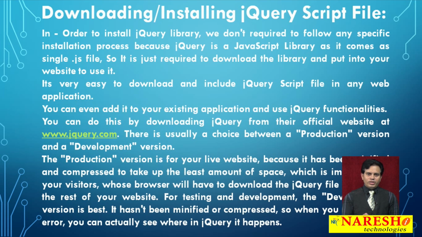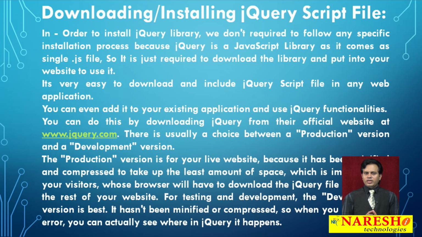You should know one point. In the previous video session we discussed that jQuery is just a JavaScript library which comes in the form of a single .js file. It comes as one file in the form of .js. So the thing here is very simple: get the .js file, keep it as a part of your website, and then start using it.